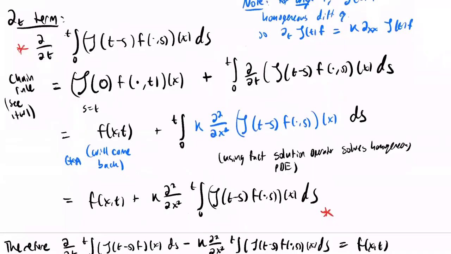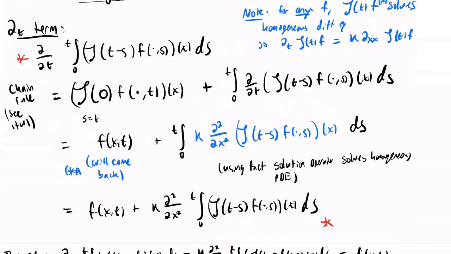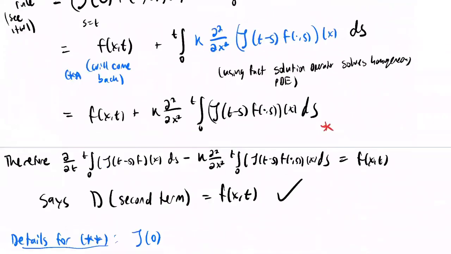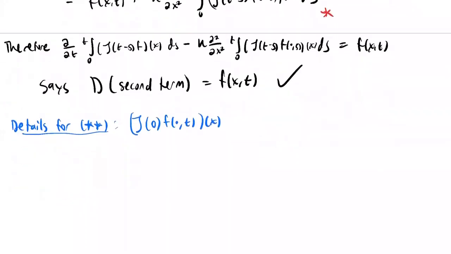Right, and so what were we doing here? Well, we were looking at the first term, which is the solution operator at 0 applied to the function f when s is equal to t at x.